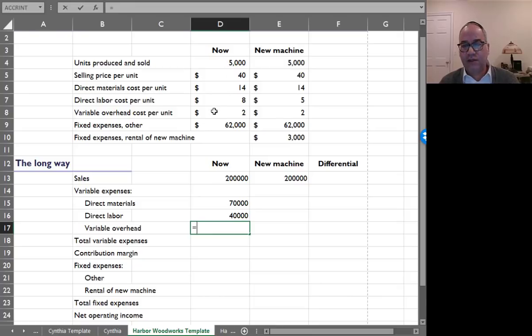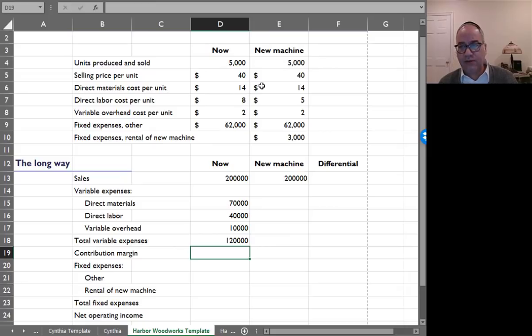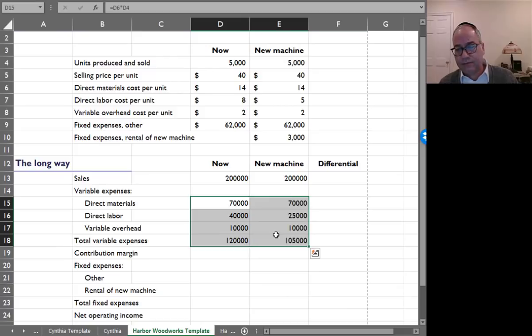And variable overhead would be 2 times 5,000. So the total variable expenses would be $120,000. And I'll calculate the same thing for the new machine. Right there, you can see variable expenses is going down.